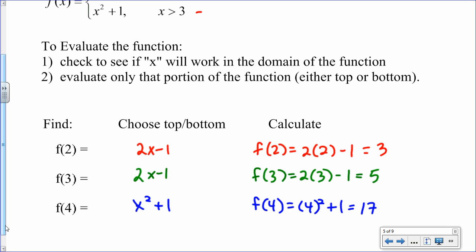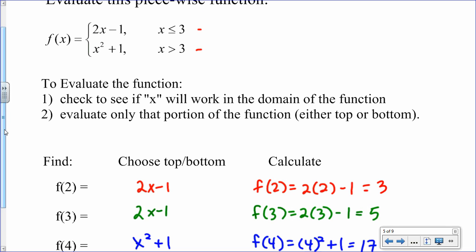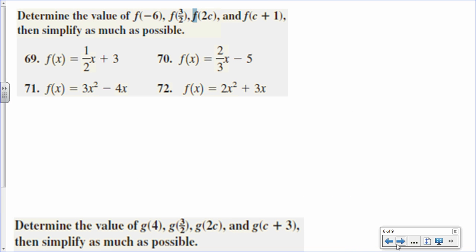Okay, it will give you these. We're not going to do all of these. I want to look at these two for 72.